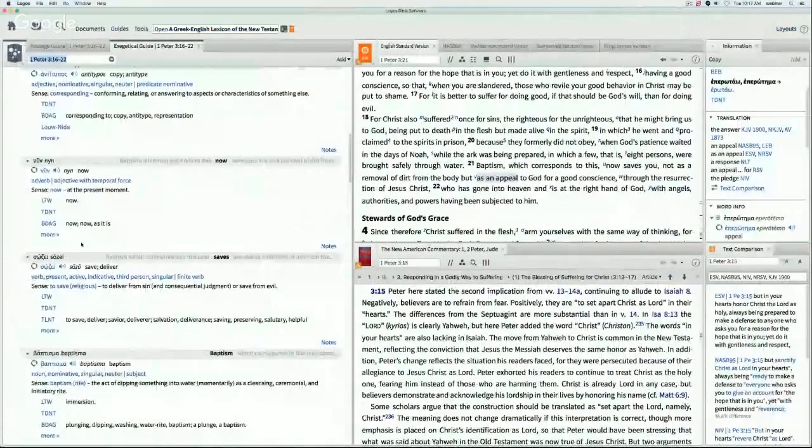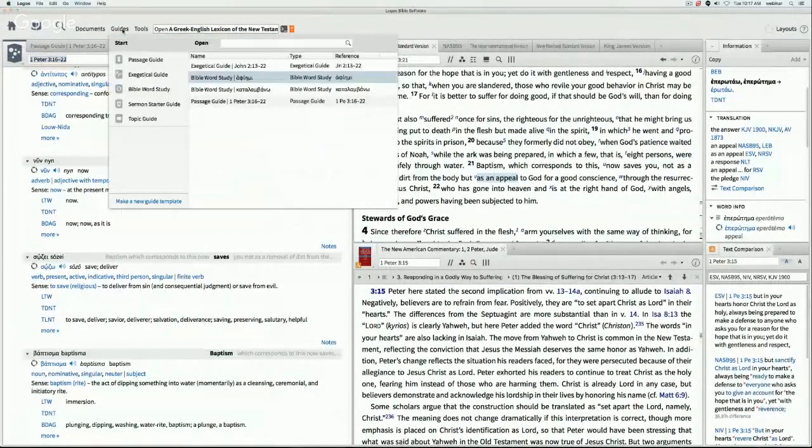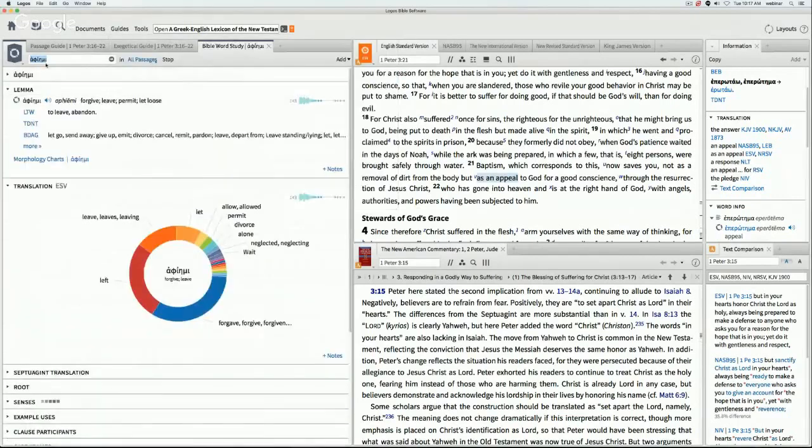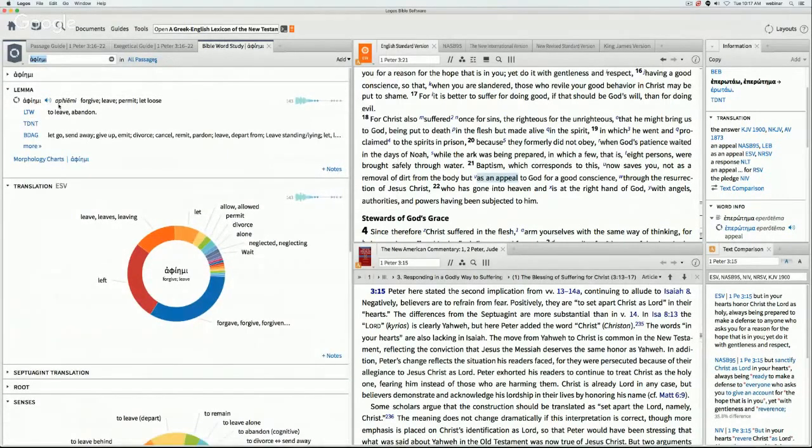Going back to Logos, this is a guide I had open earlier. If you're following along with me here, you can just open the Bible Word Study Guide. And I've actually got one saved here for the word aphiemi, or aphemi, depending on how you pronounce it.